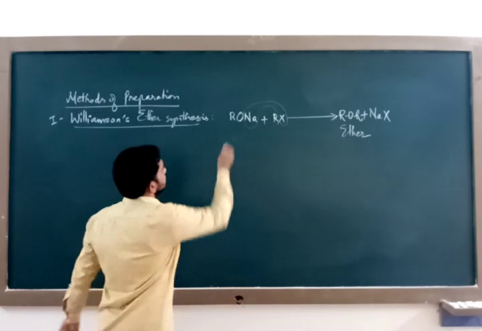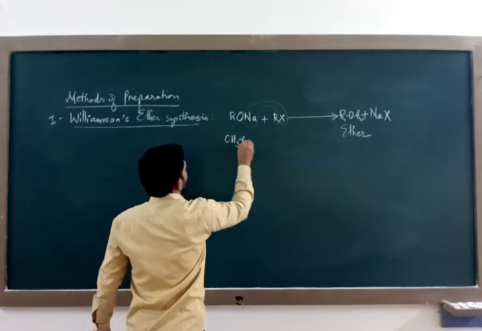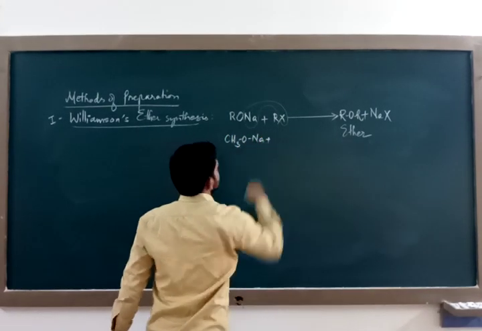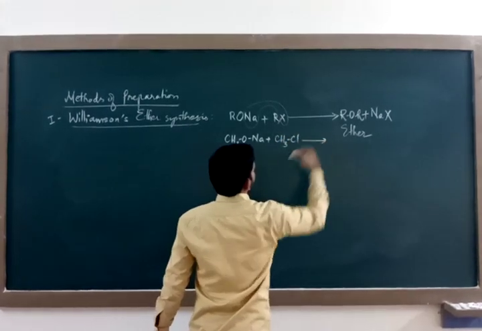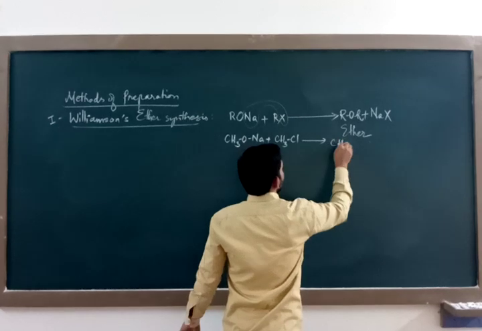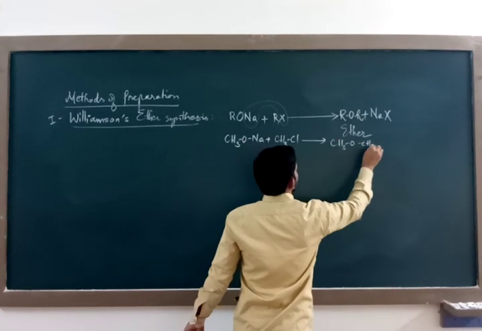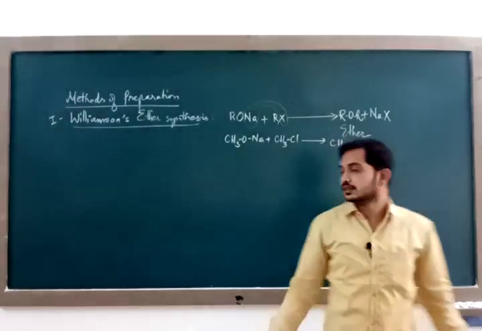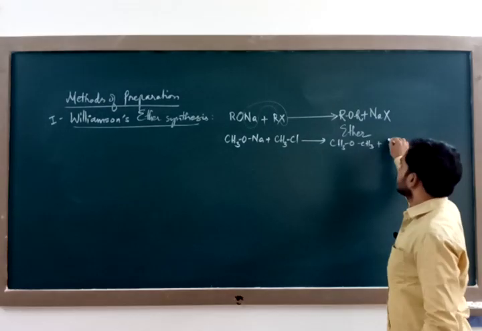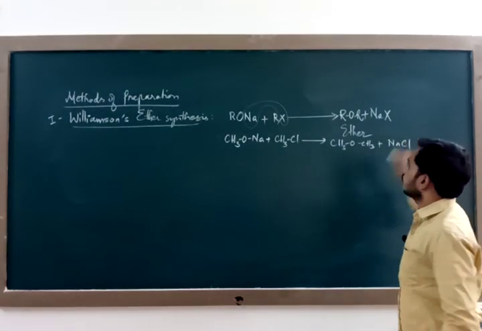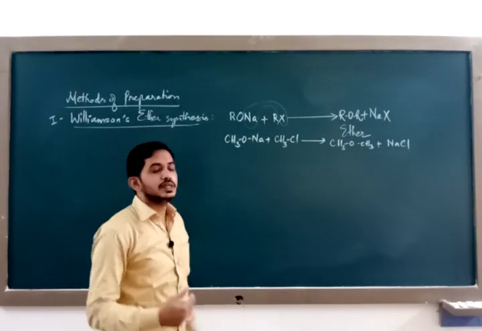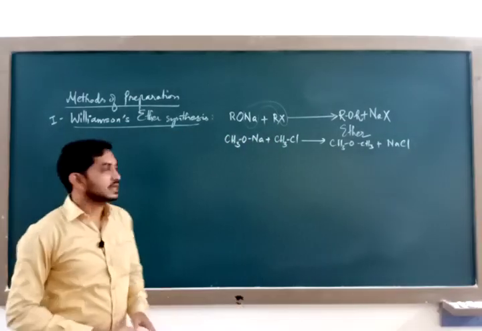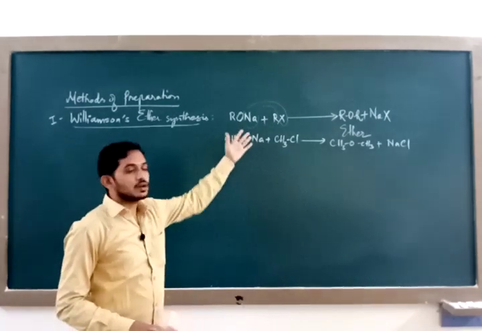One example, CH3ONa plus CH3Cl. The product will be dimethyl ether with sodium chloride.